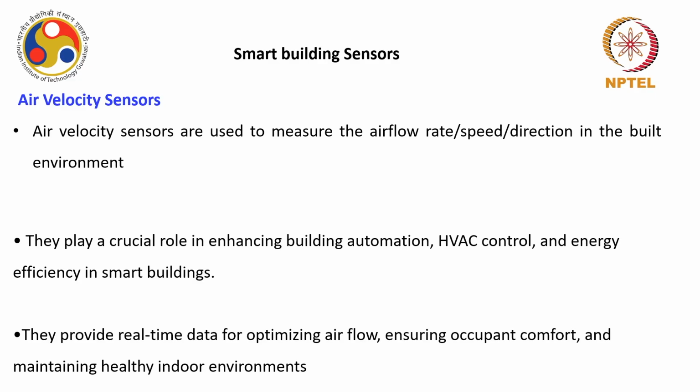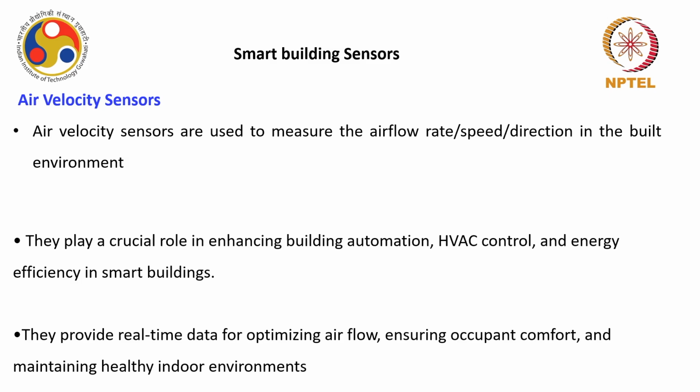Air velocity sensors are used to measure the airflow rate, its velocity, speed and direction in the built environment. They play a crucial role in enhancing building automation, HVAC control and energy efficiency in a smart building. They provide real time data for optimizing airflow, ensuring occupant comfort and maintaining a healthy indoor environment.